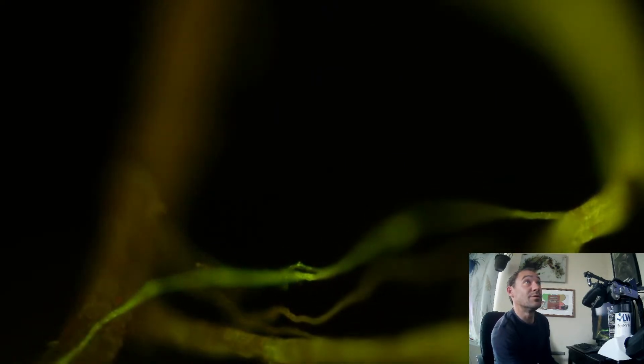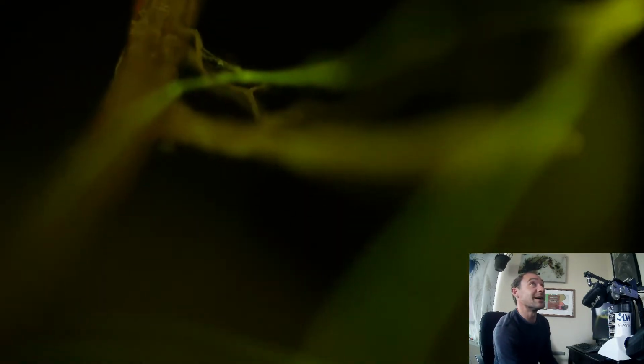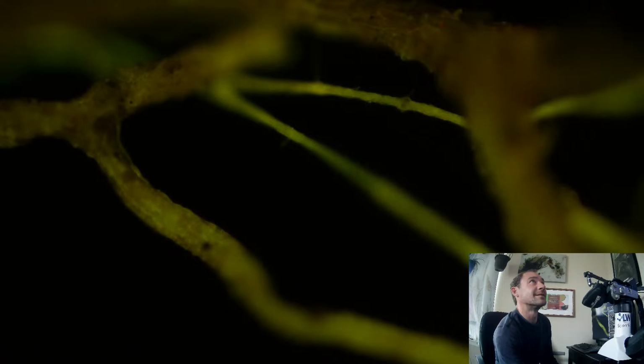Who knew blueberry roots were this interesting as far as how many little root hairs they have going every which way. They are pretty small.